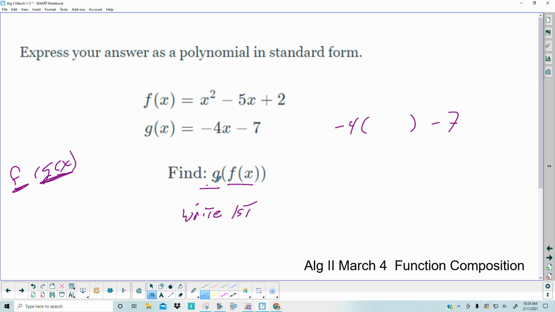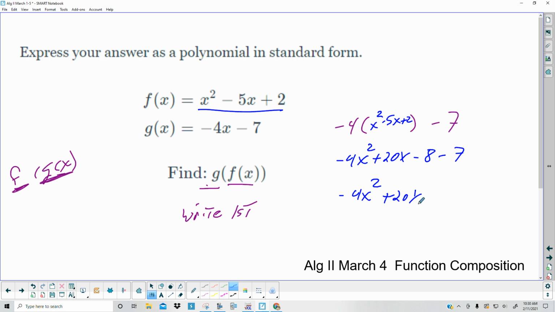But g's on the outside, write it without the variable, put a parenthesis in its place. Fill f into that space. Distribute, so minus 4x squared plus 20x minus 8 minus 7. So minus 4x squared plus 20x minus 15 would be the final answer.